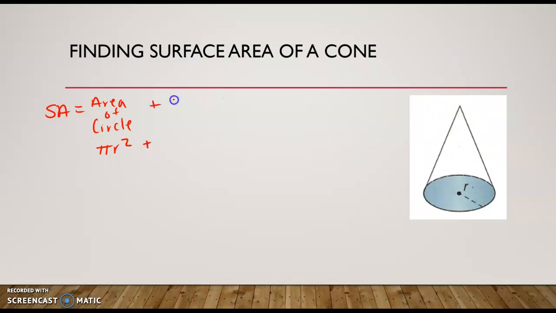So area of the circle, pi r squared, and our lateral area. And the lateral area is going to be pi r L.